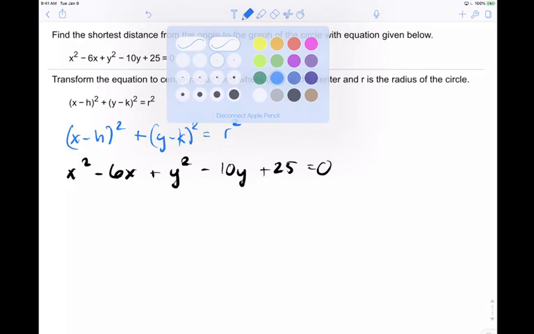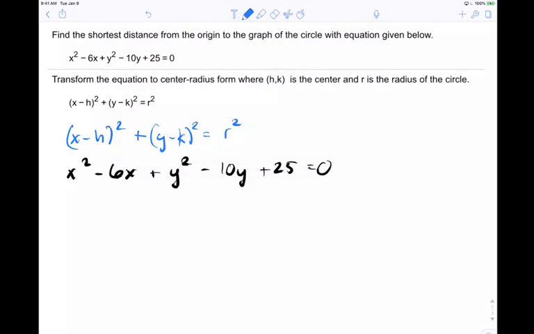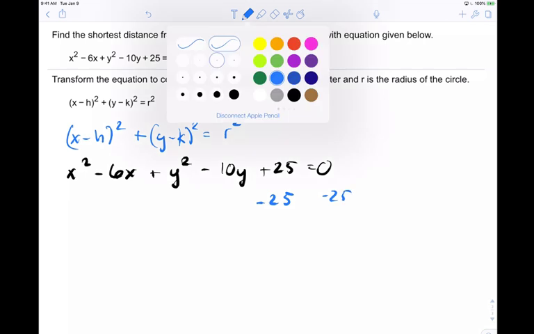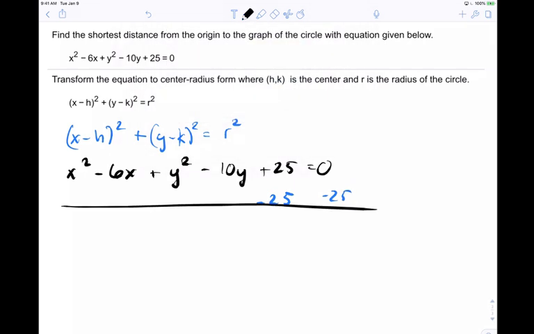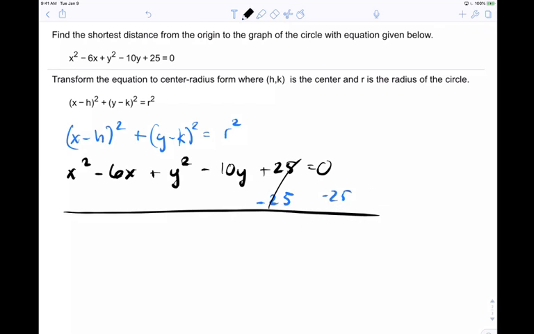If I move the constant to the right-hand side by subtracting 25 on both sides of the equal sign, that's going to cancel. So on the left, now we have x squared minus 6x plus y squared minus 10y equal to negative 25.